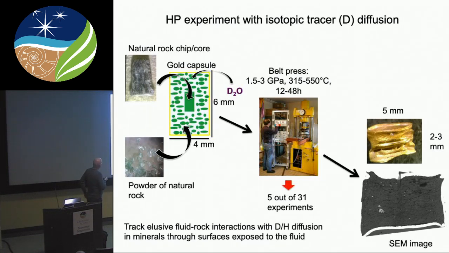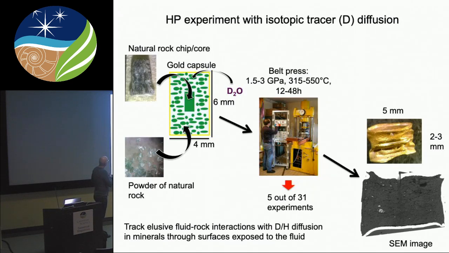So the idea is to put in a capsule a chip or ideally a core of a natural rock, which will be our sample. We then fill the capsule with a fine powder of the same rock, which gives us two interesting features. We have porosity in which we can put in extra water, but we don't put any kind of water. We put pure deuterated water.